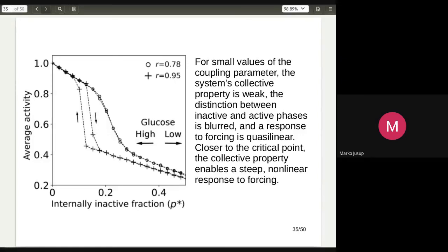It is shown in this particular plot. You can see that low glucose is on the right, high glucose levels are essentially on the left, and then we are increasing glucose concentration. At the beginning, the system is responding linearly, becoming more and more active, but just little by little, until it reaches a certain critical threshold glucose concentration.